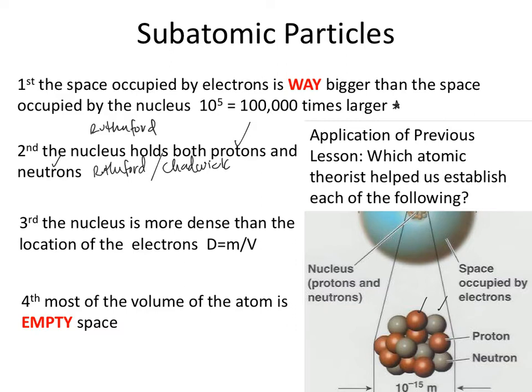So remember that golf ball with respect to the rest of the stadium. Since density is mass divided by volume, we have our heaviest subatomic particles, so we're going to have our heaviest mass, and it occupies the smallest volume in the atom. And of course, the studies of Rutherford and Chadwick are going to contribute to that.